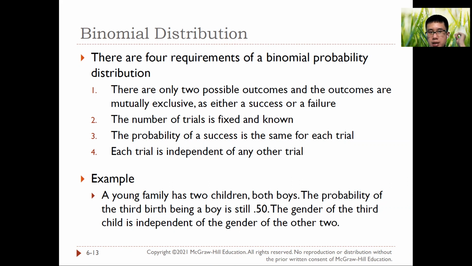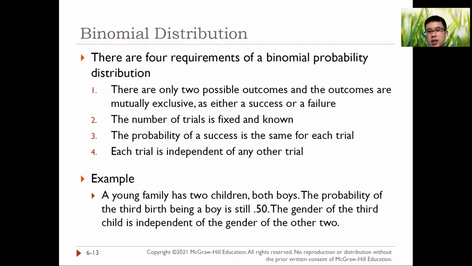And then the next, we have a fixed number of trials here, and the probability of a success is the same for each trial.